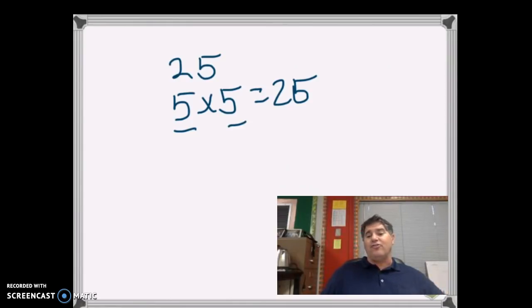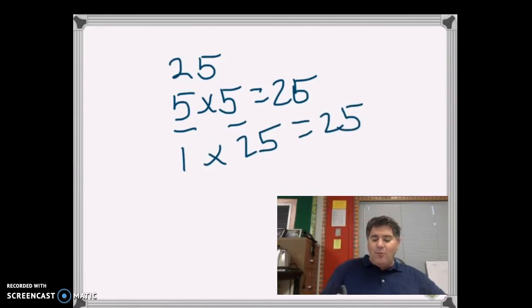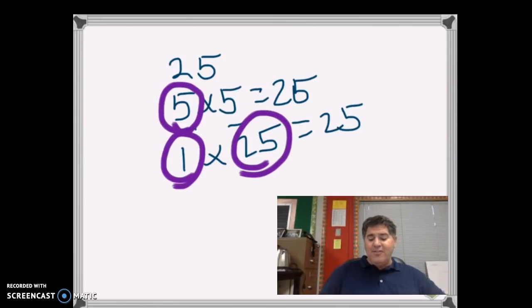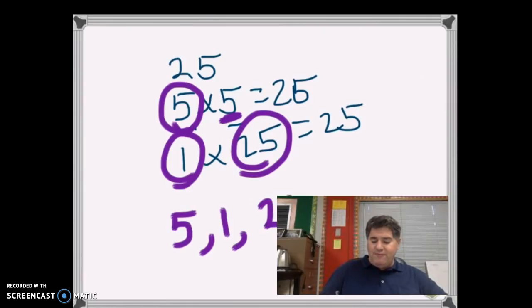There's also other factors of 25. What about 1 times 25? That equals 25. So the factors of 25 would be 5 and 1 and 25. I didn't circle this other 5 because I already circled it. So the factors of 25 are 5, 1, and 25.